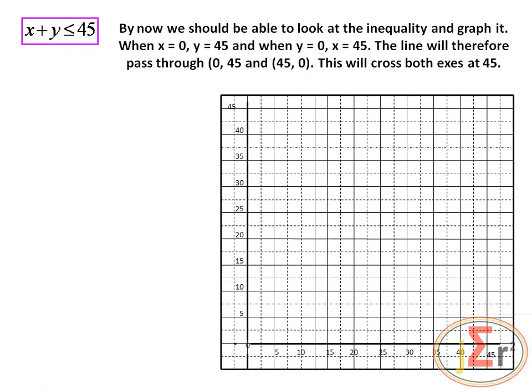So when x is equal to 0, y is 45, and when y is equal to 0, x is 45. The line will therefore pass through 0, 45 and 45, 0. This will cross both axes at 45. So we may just put that in right there.